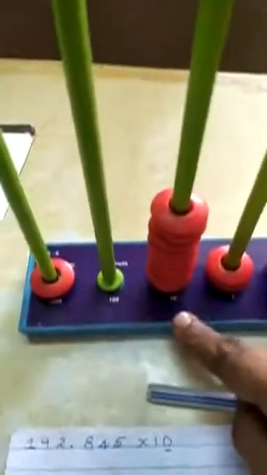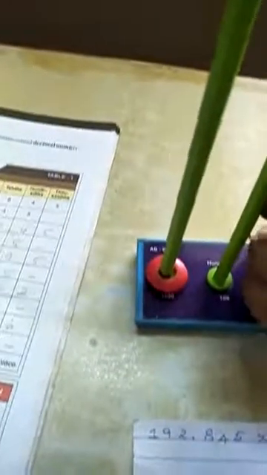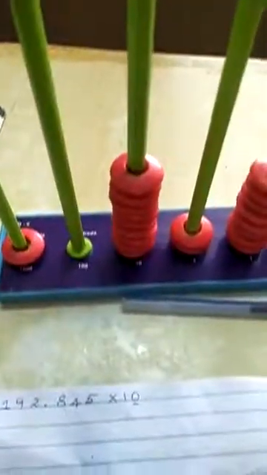So where does it come? It comes to 1000. Like that I move the tens place 9 beads to where? Hundreds place. Listen, now tens place is empty.